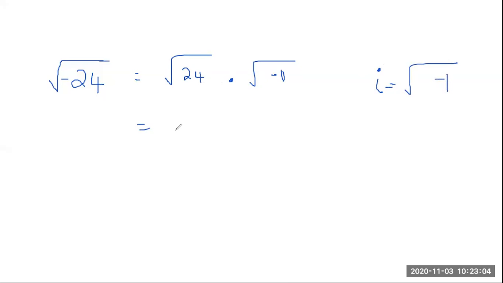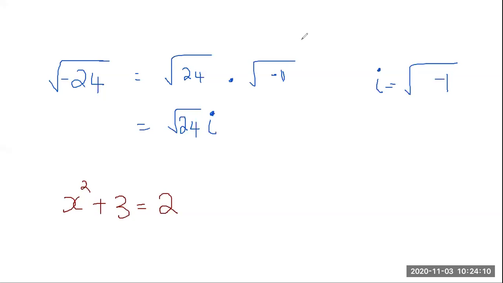So since I've already split them up, my answer would be square root of 24 times i, because the square root of -1 is i.